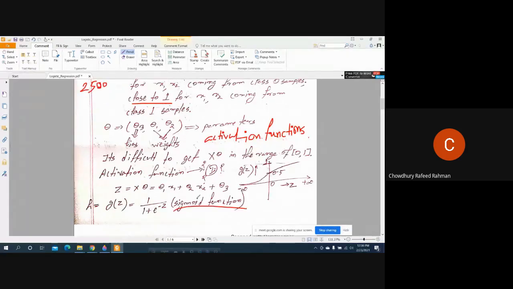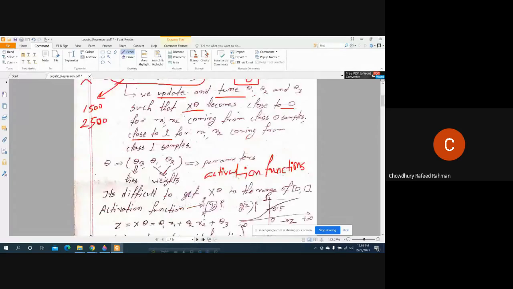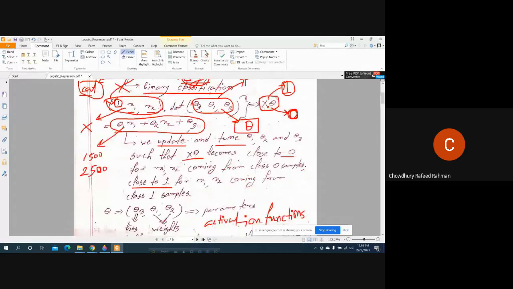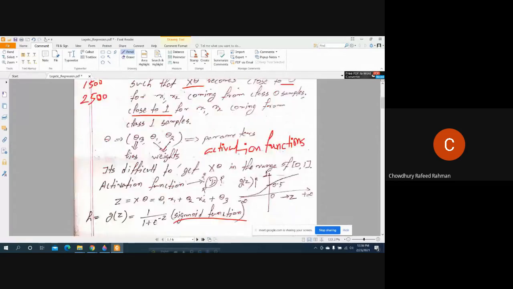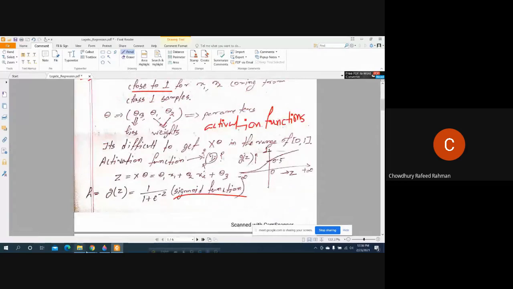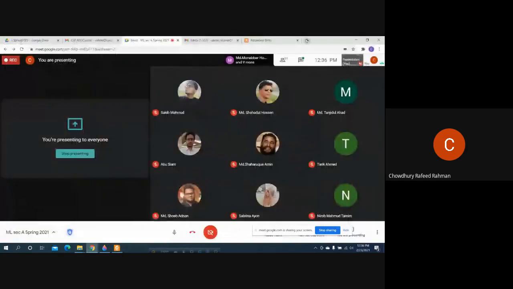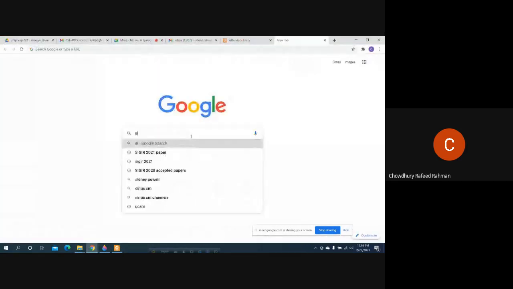So let me first define this sigmoid activation function, and then we can move on to how we can bring this value close to 0 or 1.